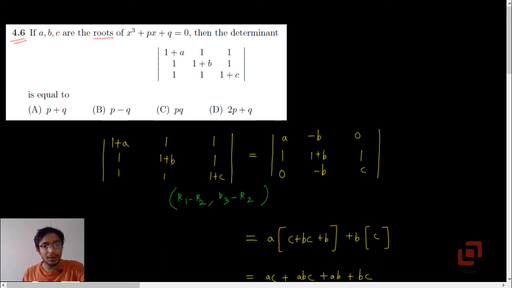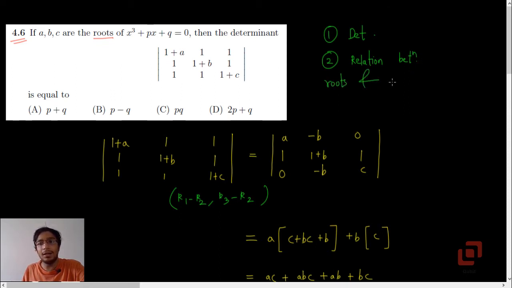Now this question is primarily based on two things, as you can see. The first one is determinants, obviously, and the properties of the determinants, and the second one is the relation between the roots of a polynomial equation and the coefficients of the polynomial equation.